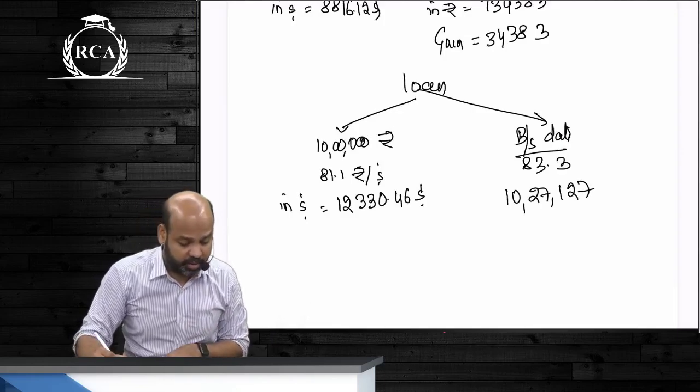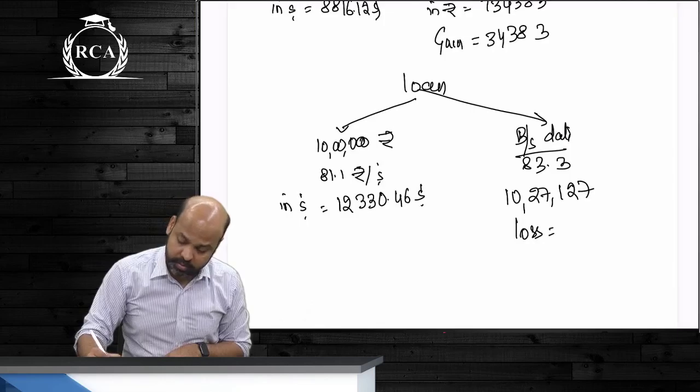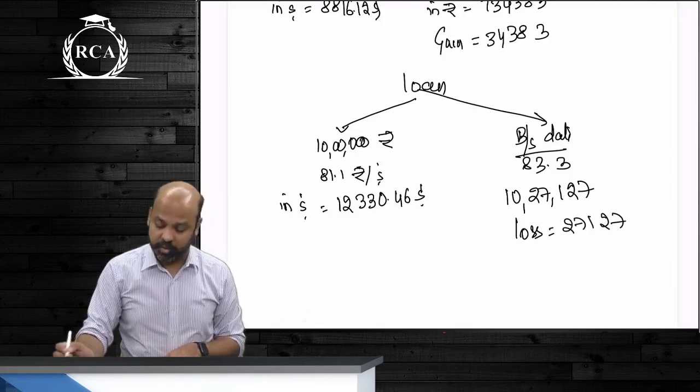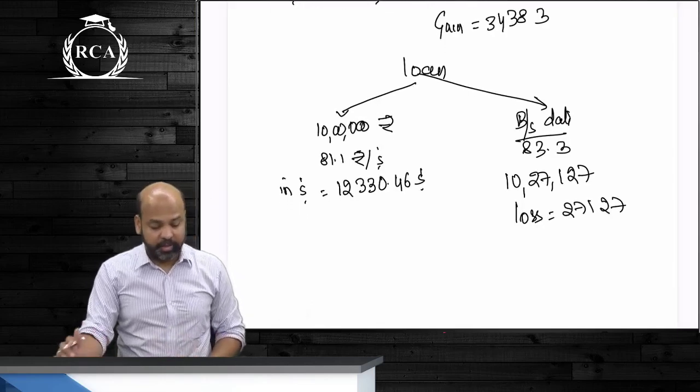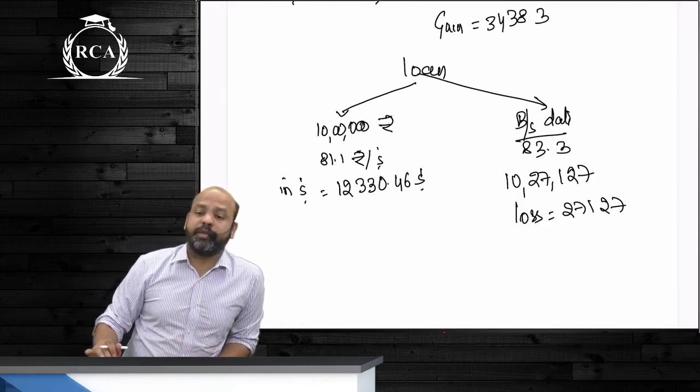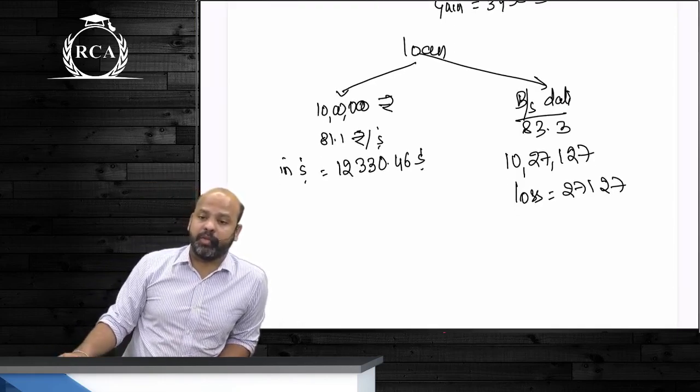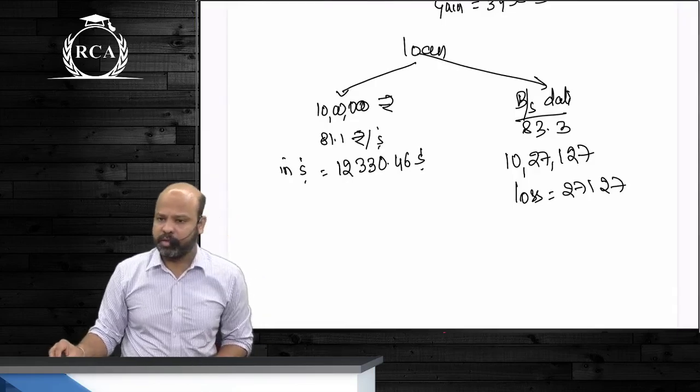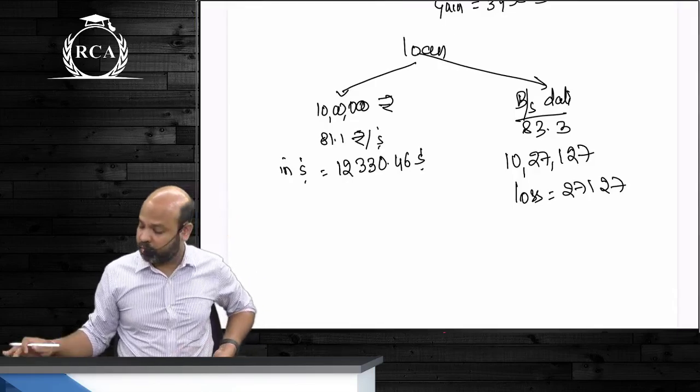Is this a gain or a loss? You will restate the amount at 10,27,127, resulting in a loss of 27,127.